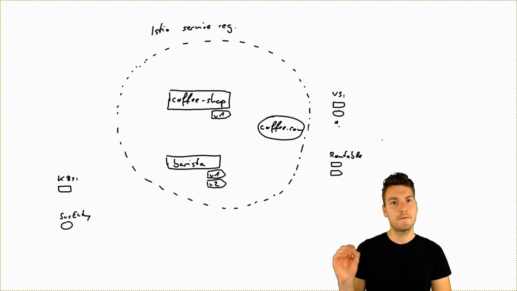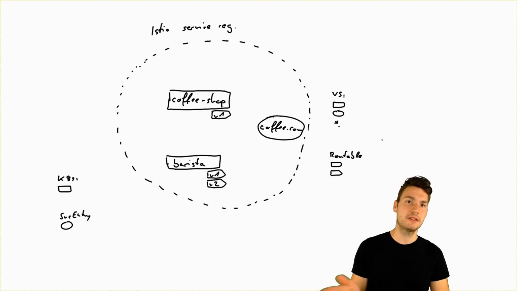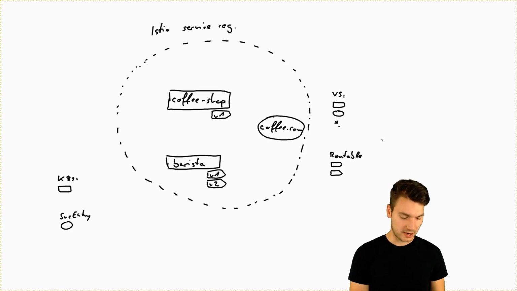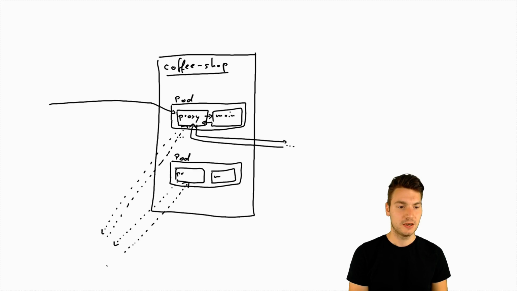Or we can say for these specific conditions, or for all of the traffic, we want to route to a specific destination, such as a subset, version 1 or version 2, for example, that corresponds to these labels. These are also routable in our service mesh that is part of the service registry.